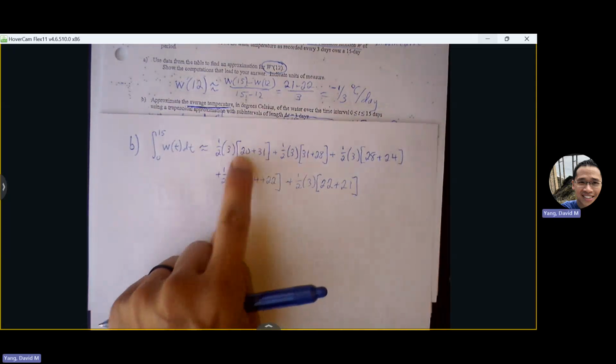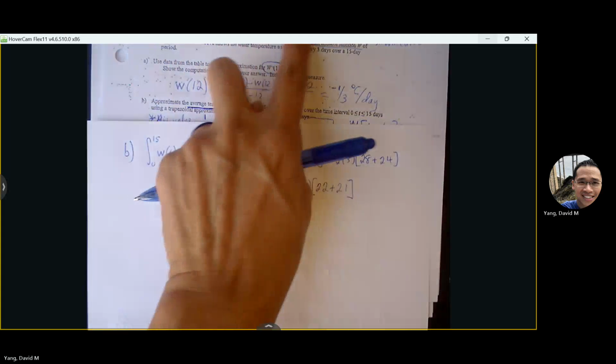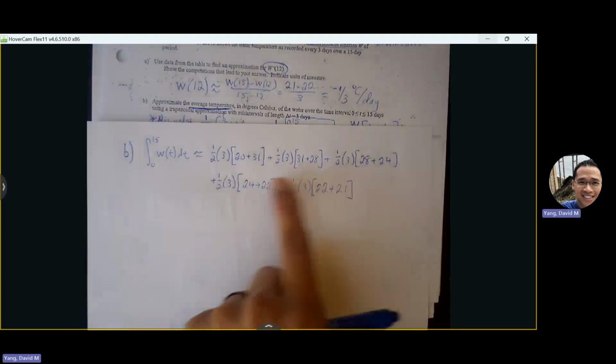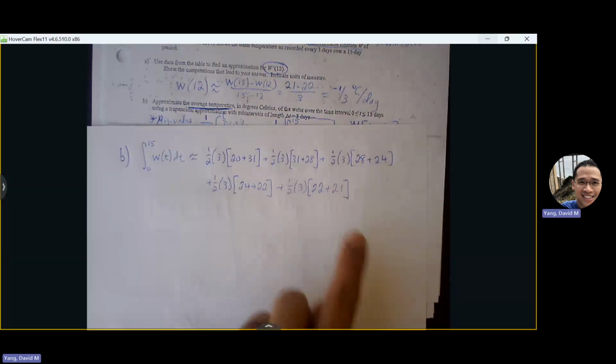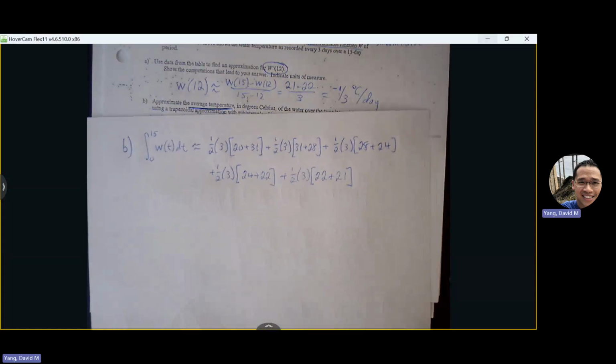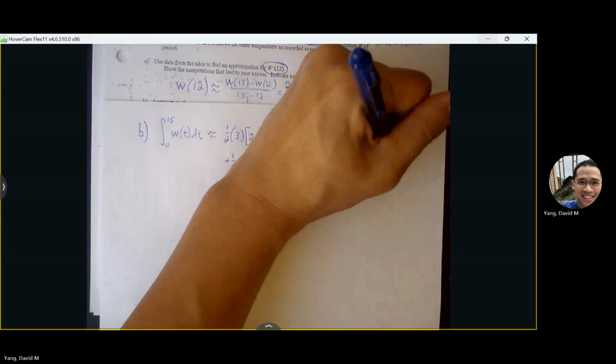Okay, 1/2 width, height 1 plus height 2. We have 5 subintervals, so we should be able to create 5 areas of trapezoids. To save you time, that's just a bunch of entry into your calculator. That's going to end up giving us 376.5.